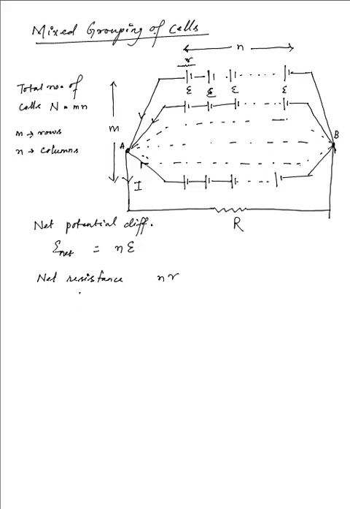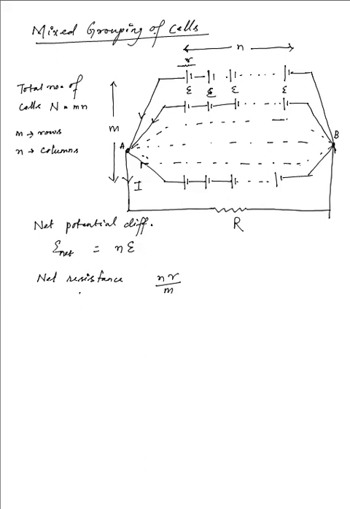So nR being the resistance in each row, with m such rows, we can just divide it by m, and this is what we had learnt previously while doing the combination of resistances, in the previous video.